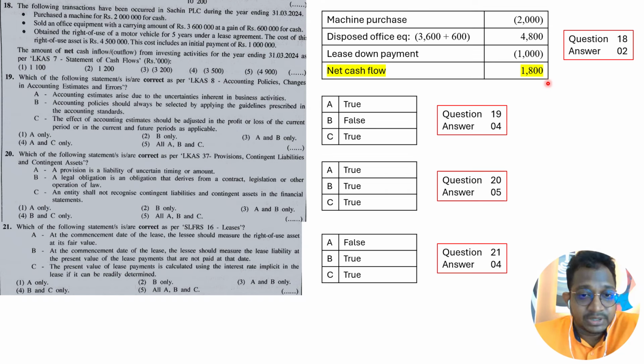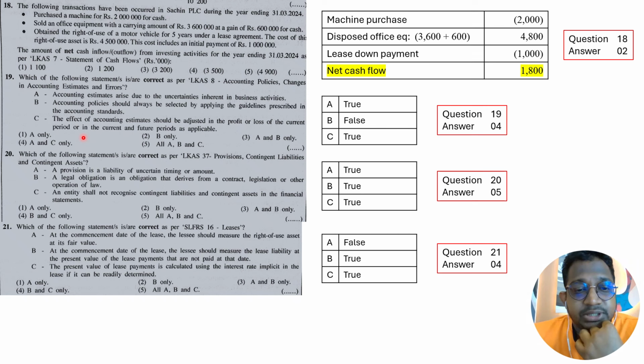19.1, which of the following statements are correct as per LKAS 8? Accounting estimates arise due to the uncertainties inherent in business activities. That's correct. Accounting policies should always be selected by applying the guidelines prescribed in the accounting standards. That's incorrect. You can go with your management opinions as well.